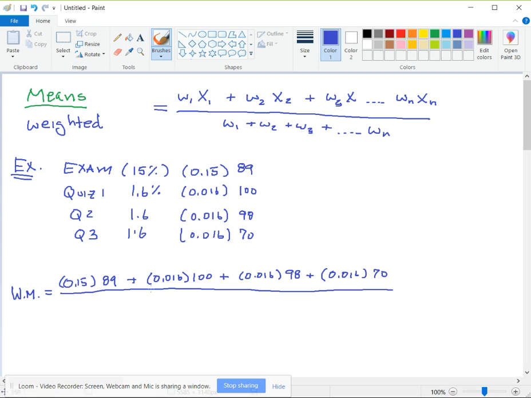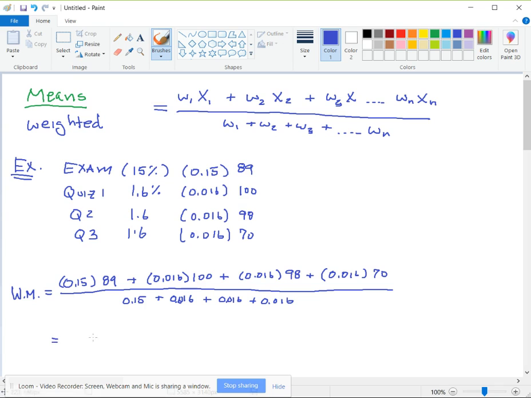Then we divide the total by 0.15 plus 0.016 plus 0.016 plus 0.016. So 1, 2, 3.